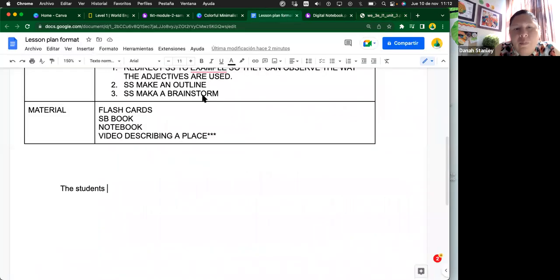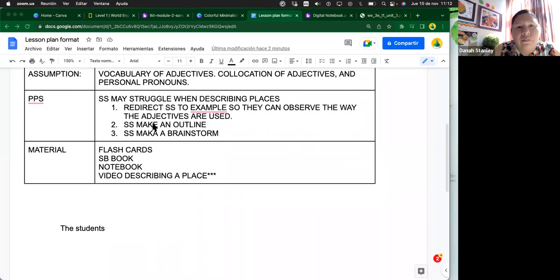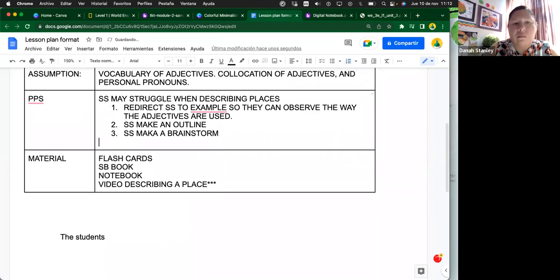Here is a possible problem and solution. Students may have problems understanding the instructions.